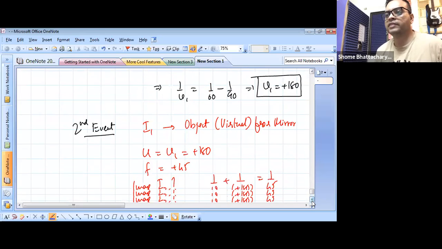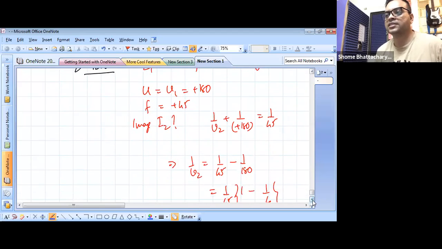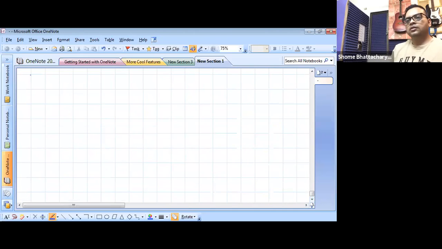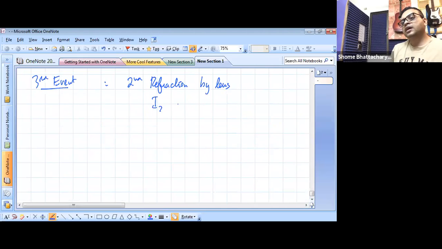So for the third event, which is the second refraction by the lens, which is the second time the lens is coming into play, I2 becomes a real object for the lens.